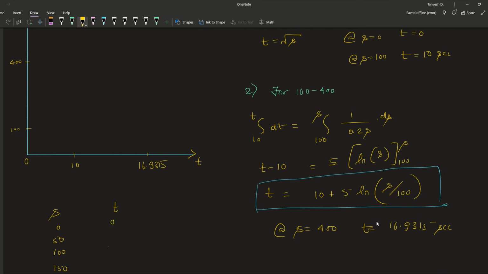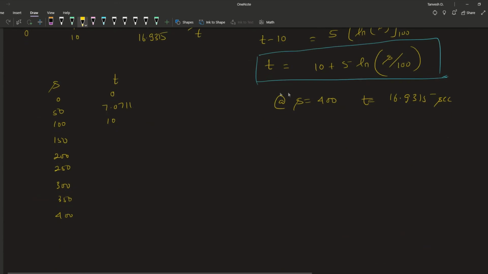At s equals 100, time is 10. At s equals 50, it will be root 50, which is 5 root 2, which is basically 7.0711 seconds. Now ahead of 100, we will use this formula in the table function. You will have to write it as 10 plus 5 log natural x upon 100. That's it. And you will have to put x starting from 100 and ending at 400, and the step is 50.